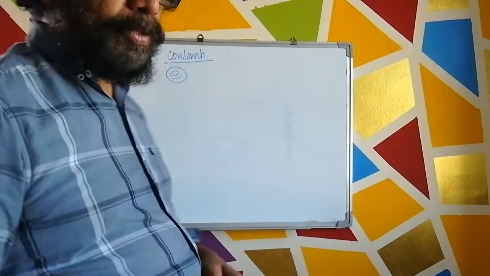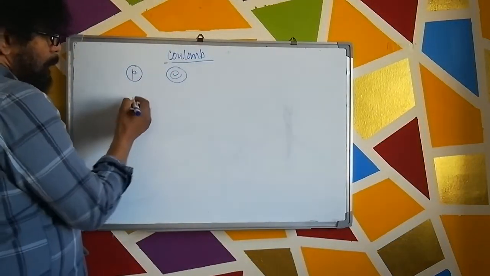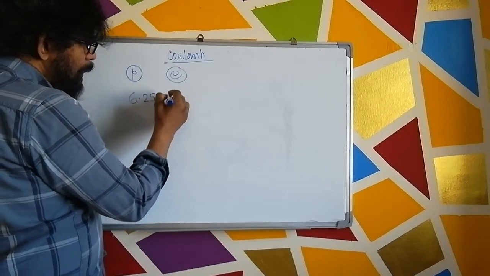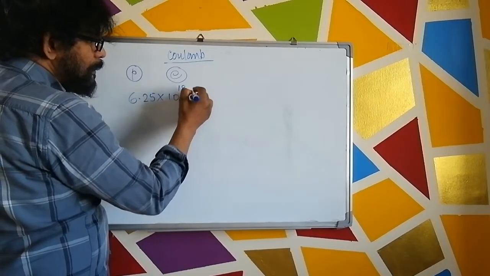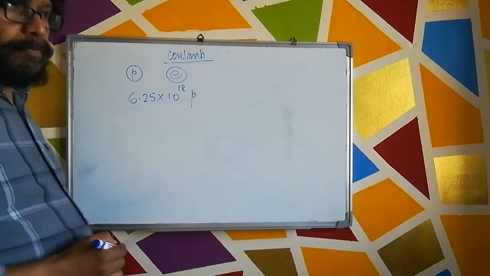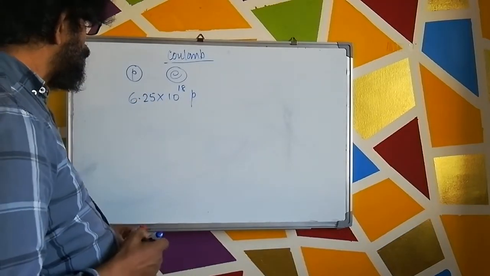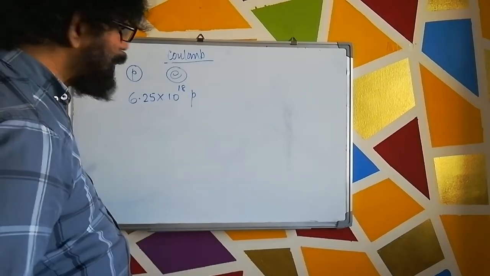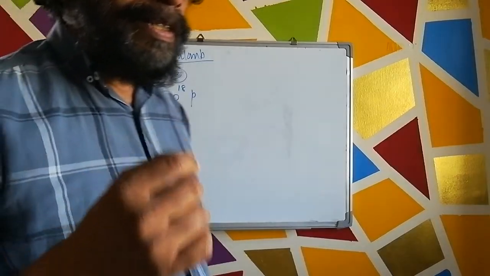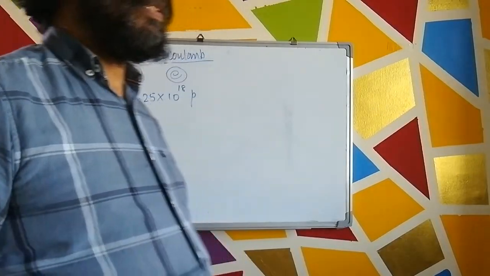So how many protons should we take? The number happens to be 6.25 times 10 to the power 18. And if you can take that many protons, which is a huge number, it's 6 million trillion protons.